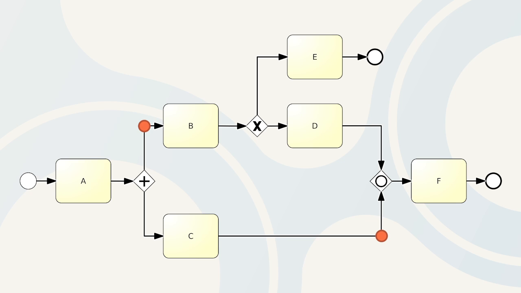Because yes, there's a token flowing through B, but that token may get out of that branch if the XOR split sends the token to activity E. So the OR join will wait until that decision is taken at the XOR split. If the token is sent to activity E, then the OR join will fire as soon as it receives a token from the bottom branch.